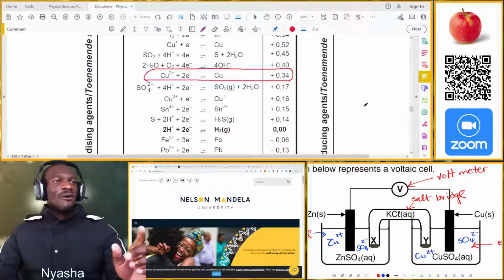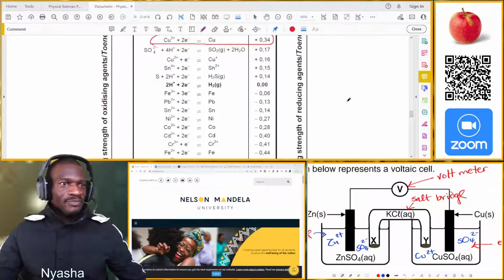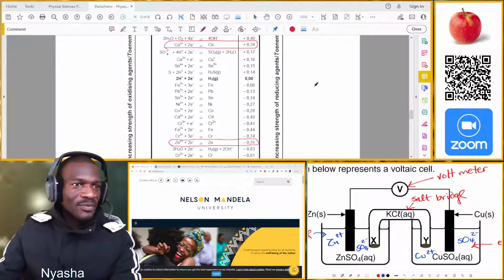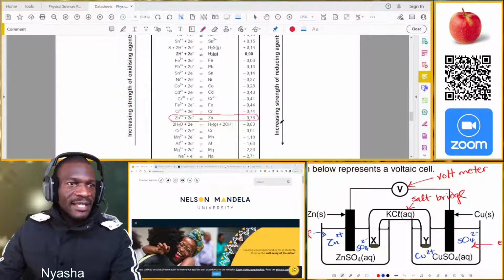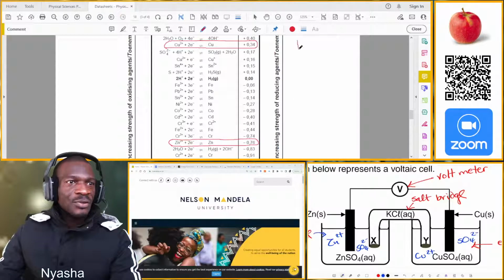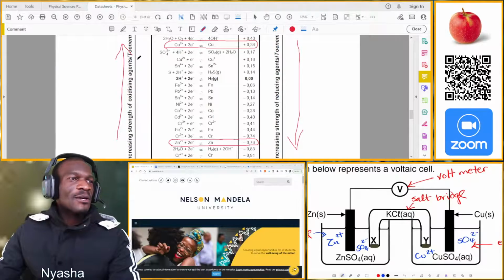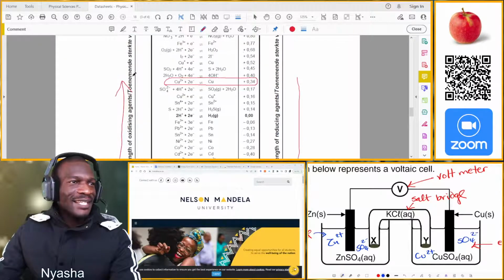So of these two, we said the increasing strength of the reducing agent is in this direction. The increasing strength of oxidizing is in that direction. So this is our oxidizing agent. In our case, our copper becomes our oxidizing agent.